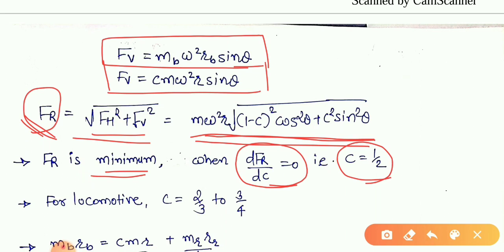But for locomotives, the value of c is 2 by 3 to 3 by 4, which is slightly higher than this value, because the effect of the vertical force is much more important as compared to the horizontal force, so we cannot increase the vertical force.